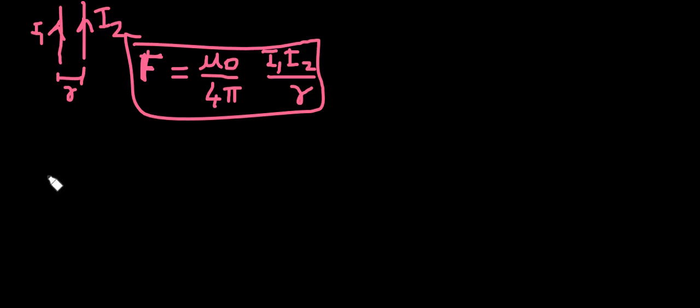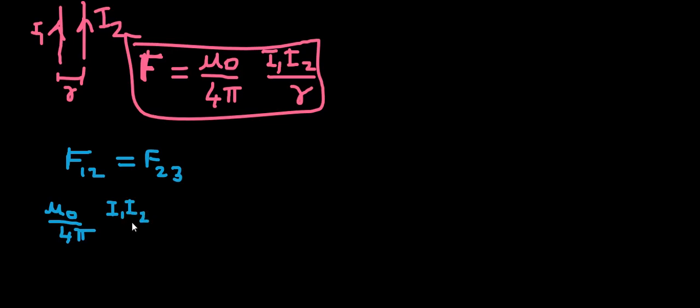Since it is given that F12, the force between the first wire and second wire, is equal to the force between the second wire and third wire, by substituting these values, mu naught by 4 pi, current I1 and I2 as we considered in this question, and R12 is the distance between wire 1 and 2.